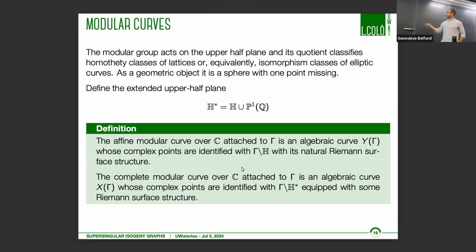You can fill in that missing point by considering the action on the extended upper half plane, which is the union of the upper half complex plane with what we call the cusps, the projective line over Q. And if you study the action of SL2(Z) on this object, you get what we call the complete modular curve over C, which is actually a complete sphere.